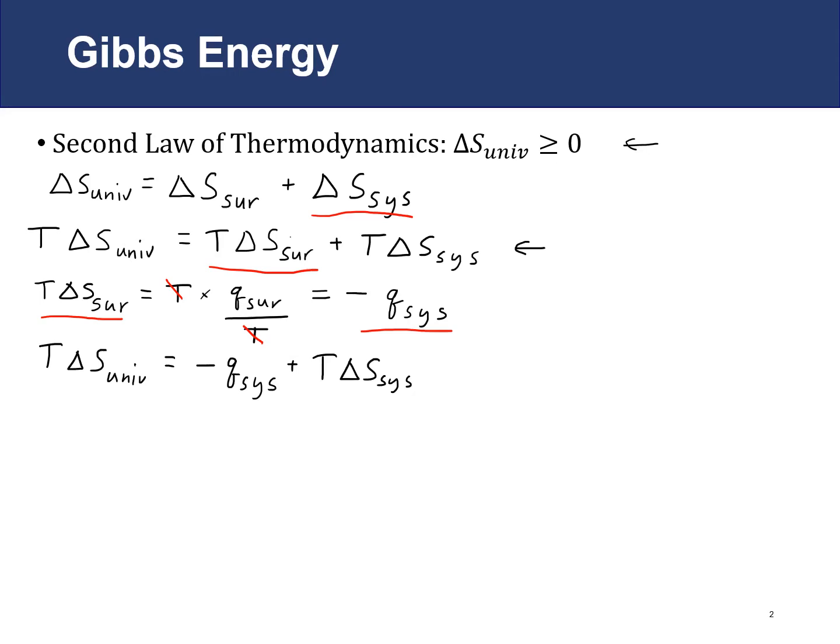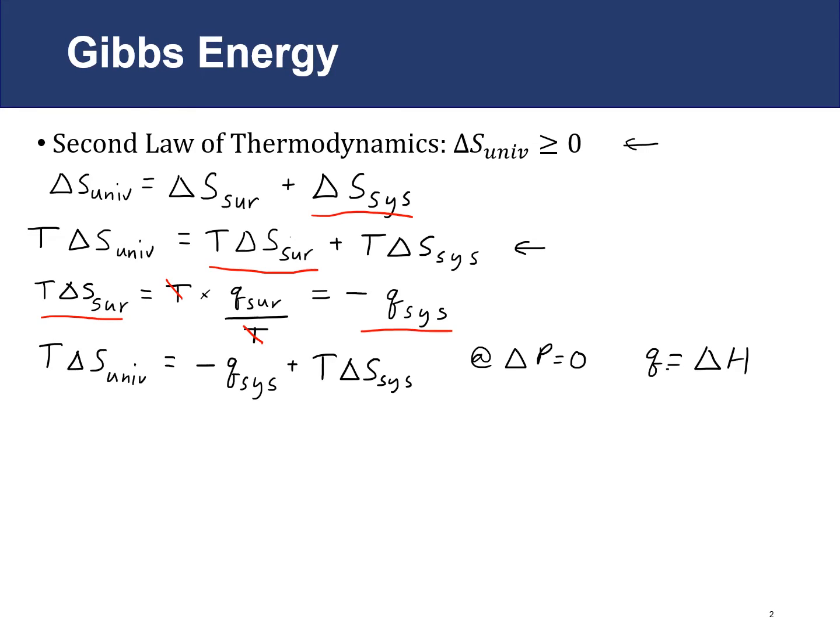Now, if we're working at constant pressure, so the change in pressure equals 0, then our Q is equal to delta H, right? This comes from our original definition of the change in enthalpy is equal to the heat under conditions of constant pressure. So this is the definition of enthalpy.